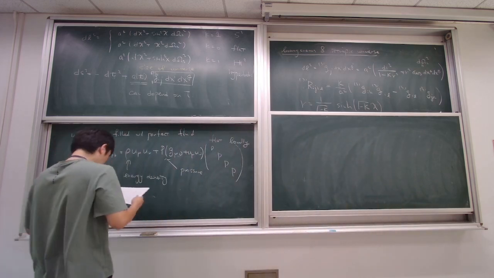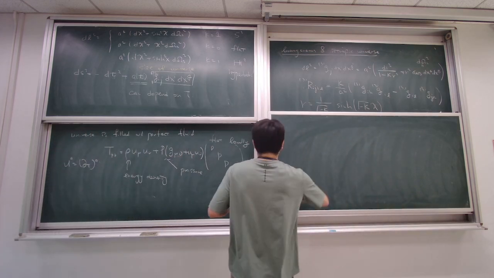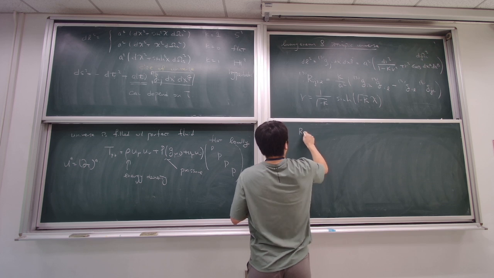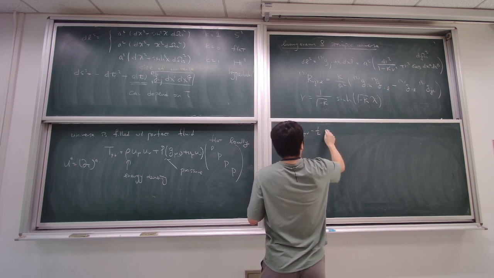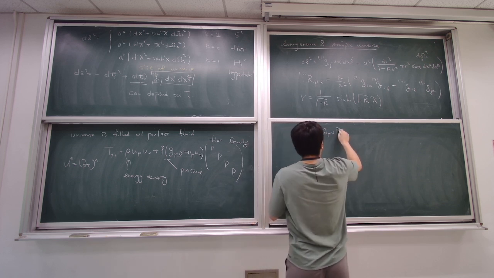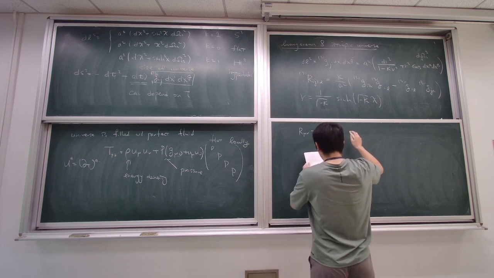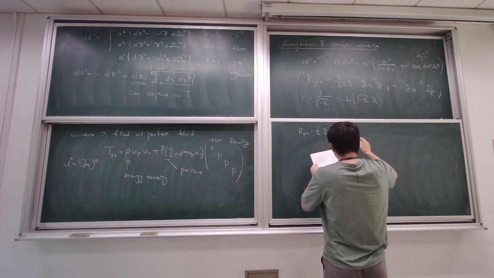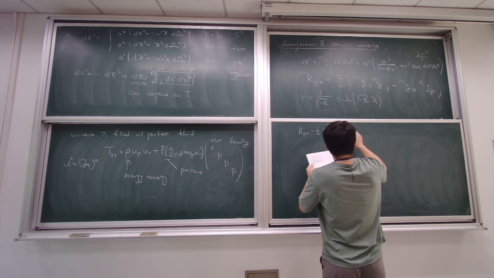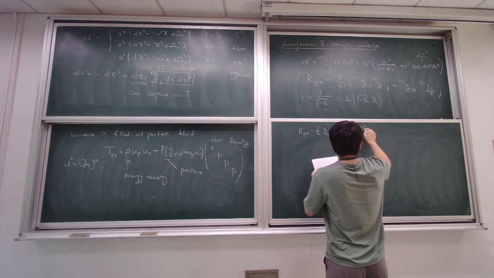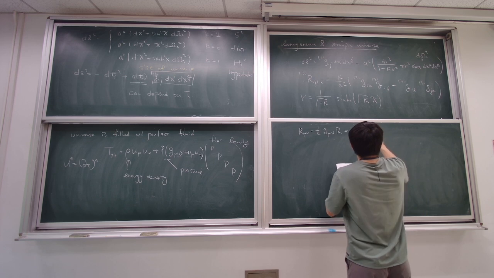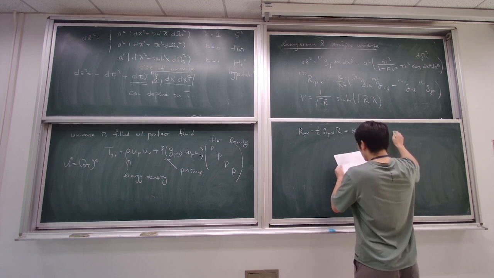Okay. So the Einstein equation: R mu nu minus 1/2 g mu nu R, and I include the cosmological constant on the right-hand side: equal to 8 pi G T mu nu minus lambda g mu nu.